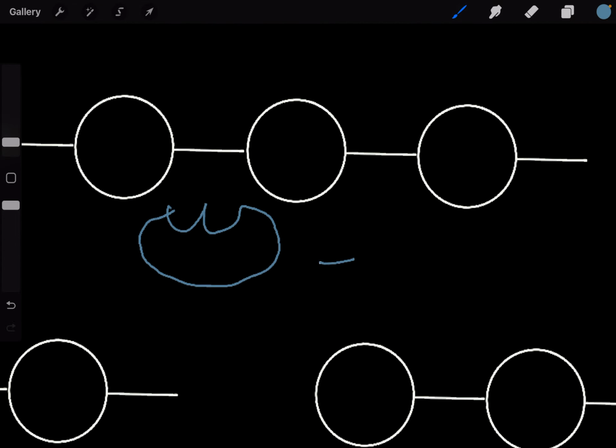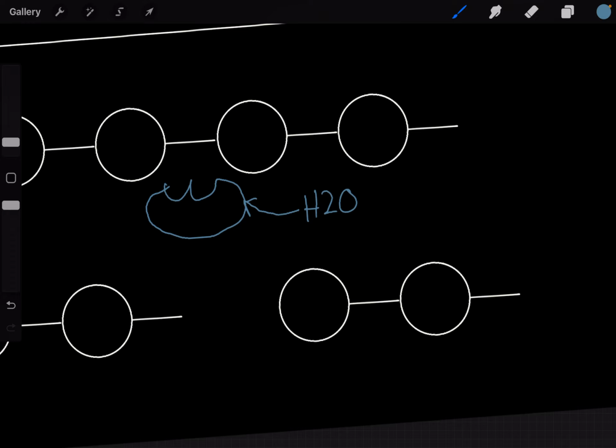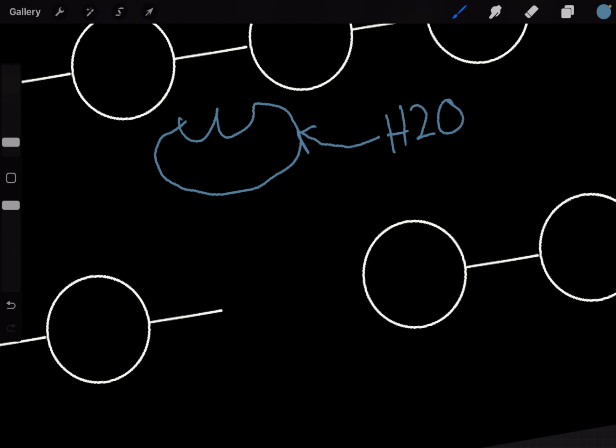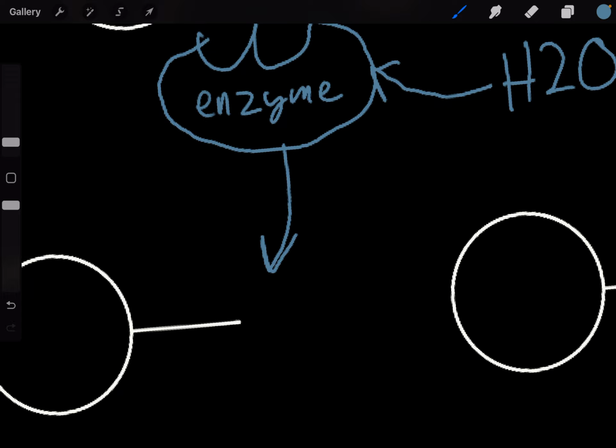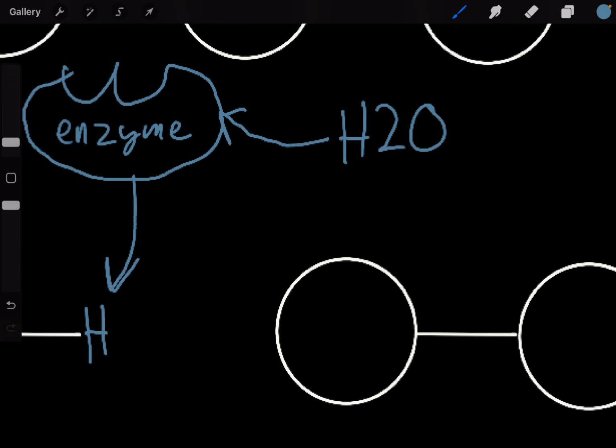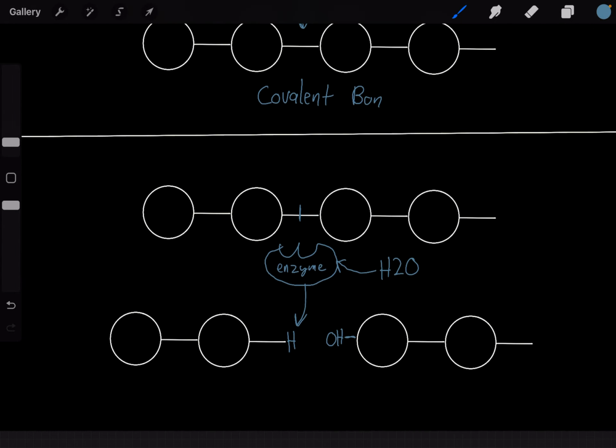You will need to put water into the enzyme, and the enzyme will take the water and force this bond to break. It will add a hydrogen on this side and an OH on this side, and that's how it breaks the bond.